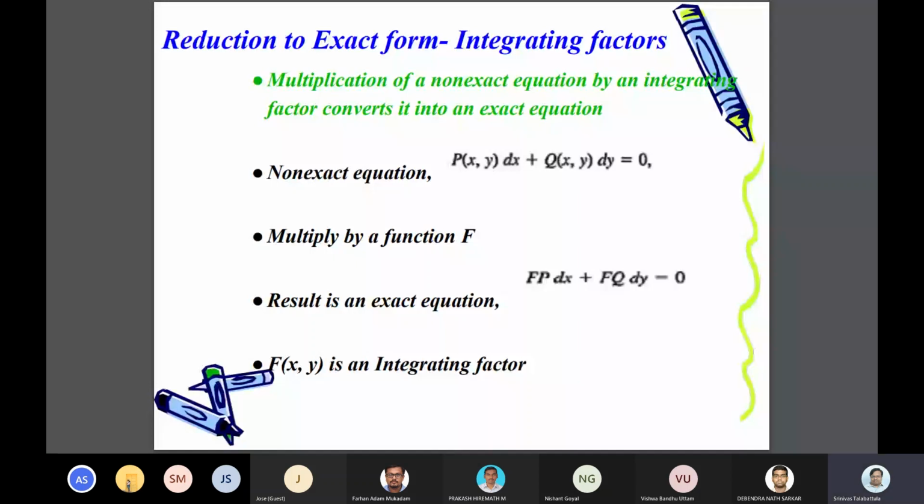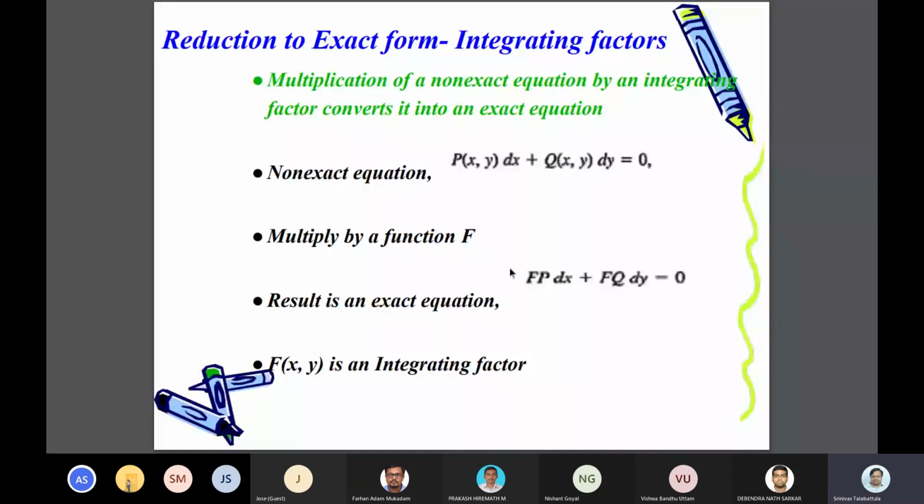So how do you put this in the exact form is a question. The trick is to multiply with some function f. I don't know what that function is still, but this f into p and f into q will satisfy the previous dou m by dou y equals dou n by dou x form. Then, of course, p and q are given to us, so you try to find out what is this f.